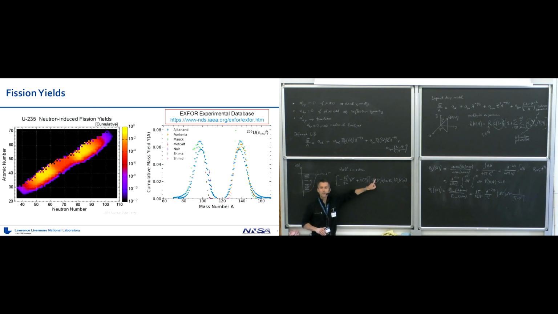So in this case, I just included, just to remind you, the potential may depend on the spin, and then the wave function of that single proton or neutron also has a certain spin.